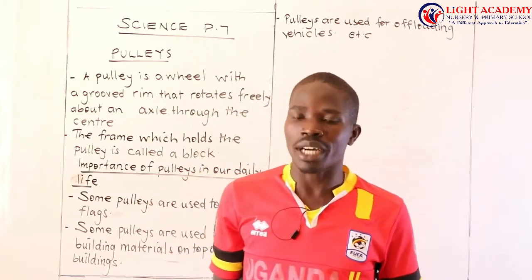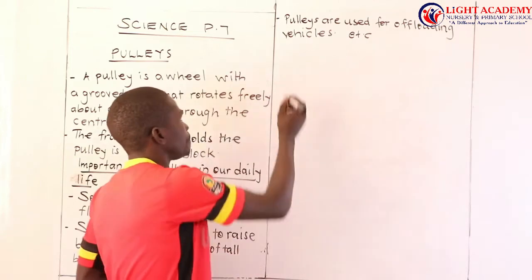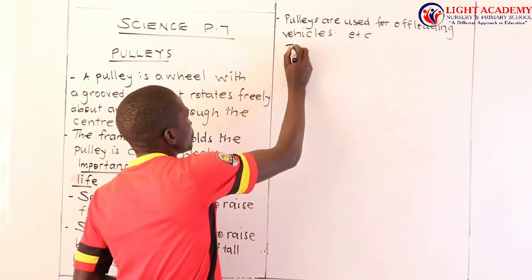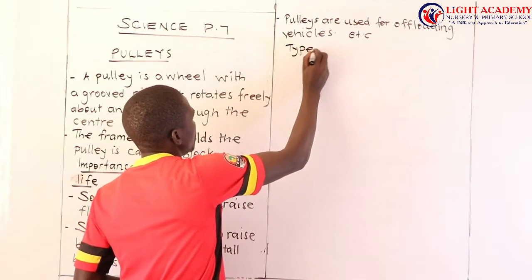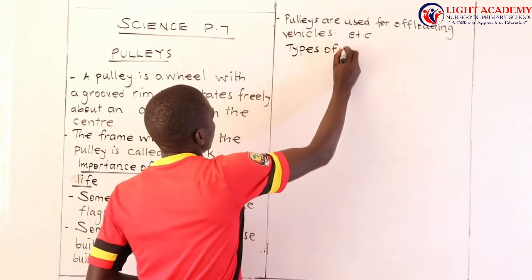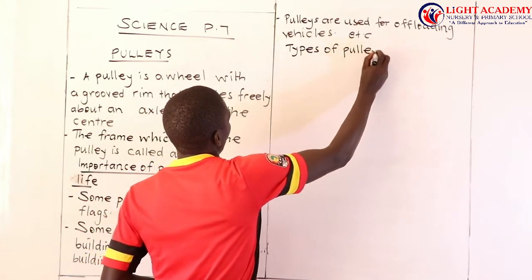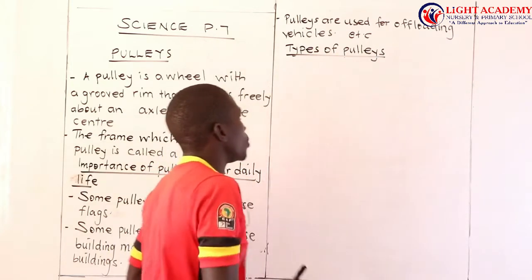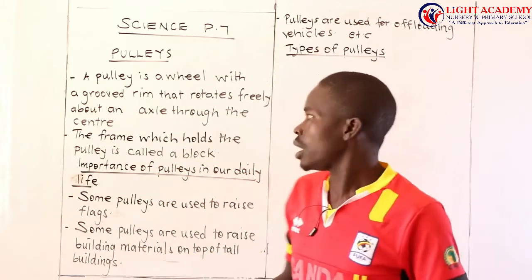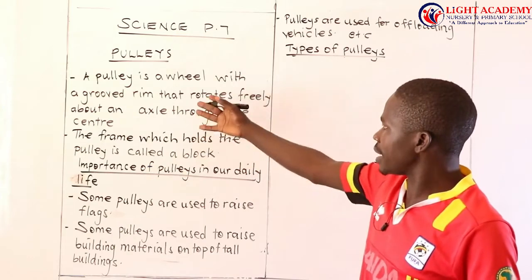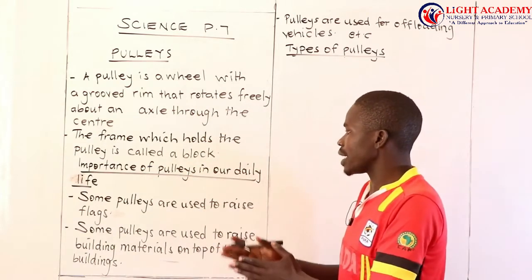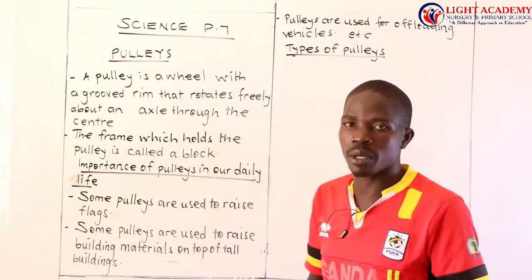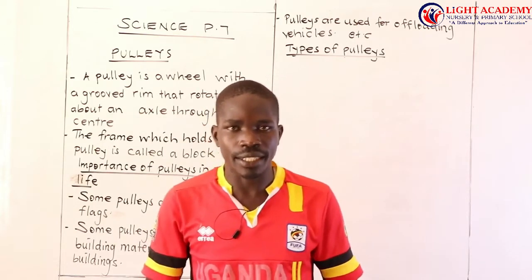Why don't we look at the types of pulleys? We have looked at what we call the pulleys, the definition. We have looked at some of the importance of pulleys. Now we look at the types of pulleys.